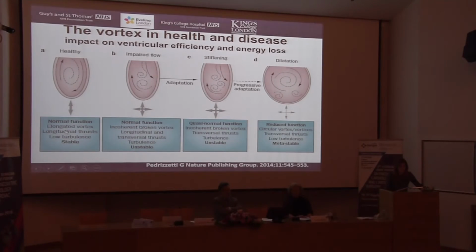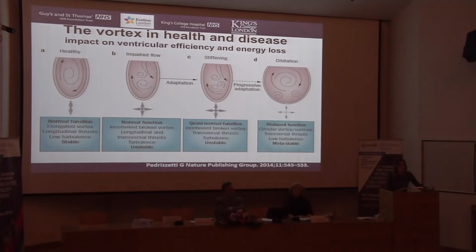In cases where we start having an impaired flow, which we think is the primary thing, then rather than having only longitudinal intracavity pressures, we also have transverse intracavity pressures. We start having turbulence inside the ventricle, and the ventricle will adapt to this stimulus by having ventricular stiffening.